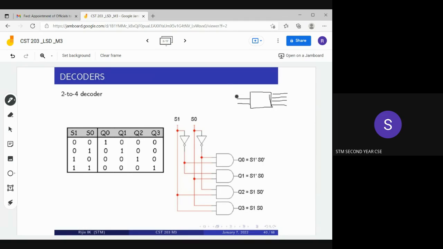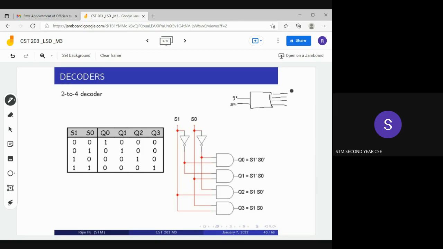So we can see that. The input lines we can represent as S1, S0. Just assume that.